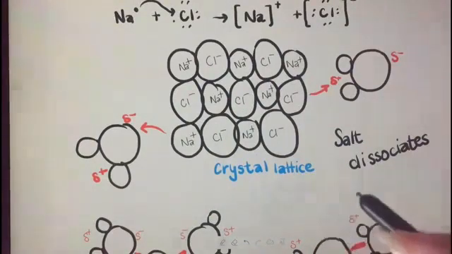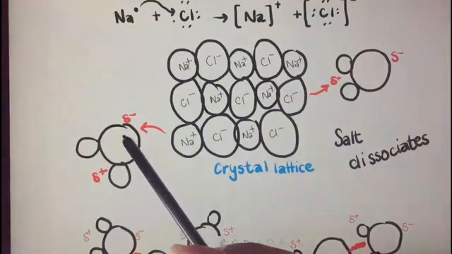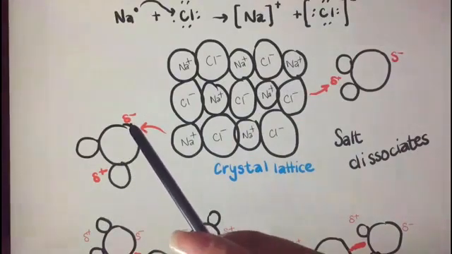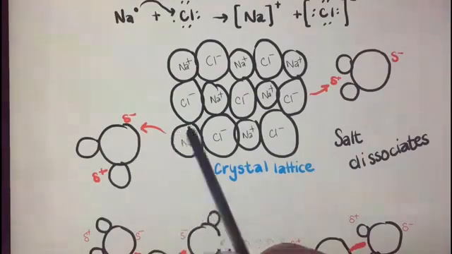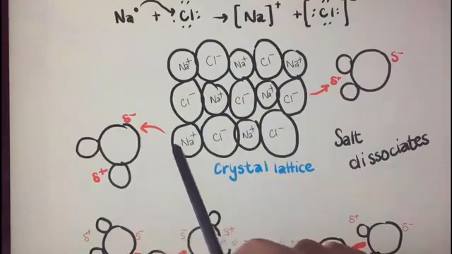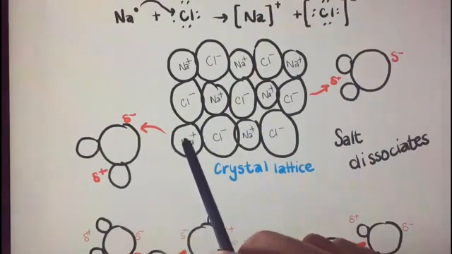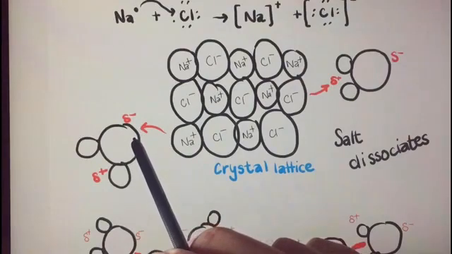So, what happens when I add the salt to water? The salt crystal is surrounded by water molecules. This water molecule, as you can see, the oxygen side, which is slightly negative, will point towards the crystal, and because of this attraction between positive and negative, this positive ion can actually be pulled out of the crystal lattice.